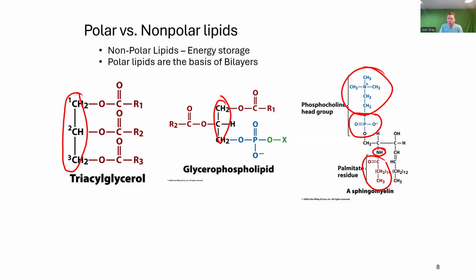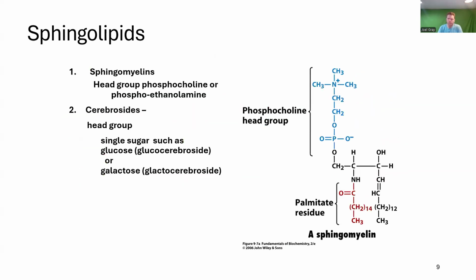So the point of all this is a compound known as a sphingomyelin. This is an example of a sphingolipid. Now, these are also major parts of membranes. For sphingomyelin specifically, the head group, phosphocholine or phosphatidylethanolamine, found right here, are the two options.